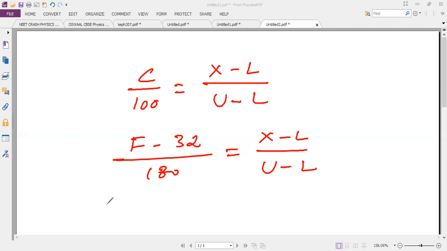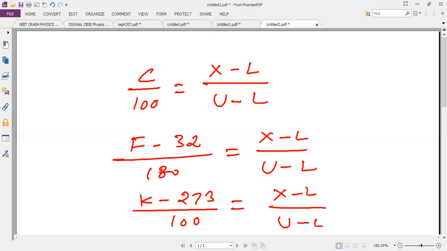Next Kelvin: K minus 273 divided by 100 is equal to x minus L divided by U minus L, for finding the faulty thermometer reading.